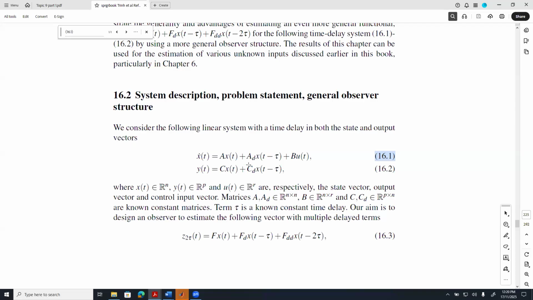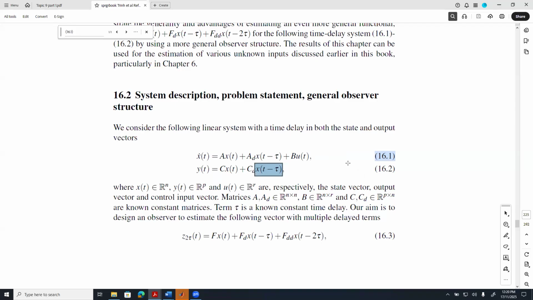So we can think of the output measurement as being sent over a long distance, and that information is being delayed by tau. And so the output measurement that we receive is a delay version of the combination of the stack vector.